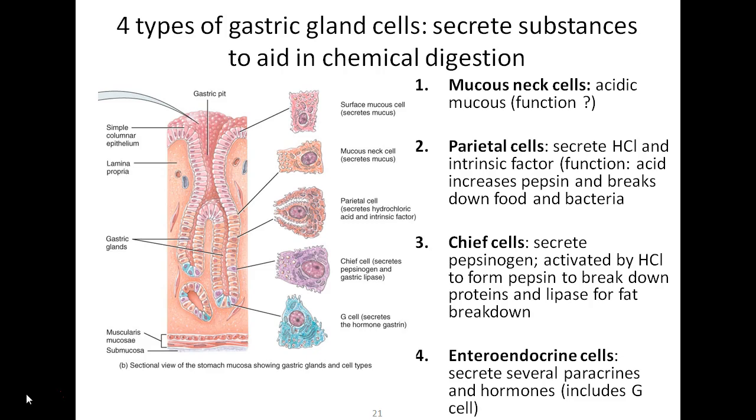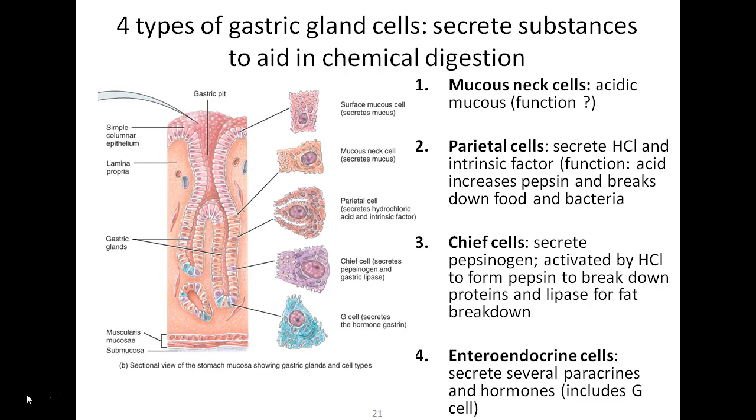Here we get a closer look at those specialized cells that line the mucosa layer of the stomach. The mucus cells line the stomach lumen and produce an alkaline mucus, which also prevents ulcers.